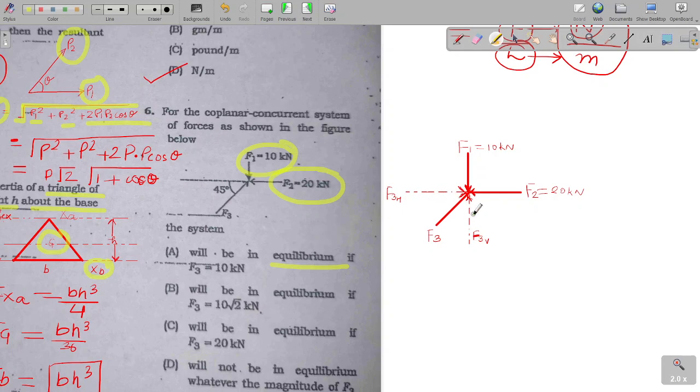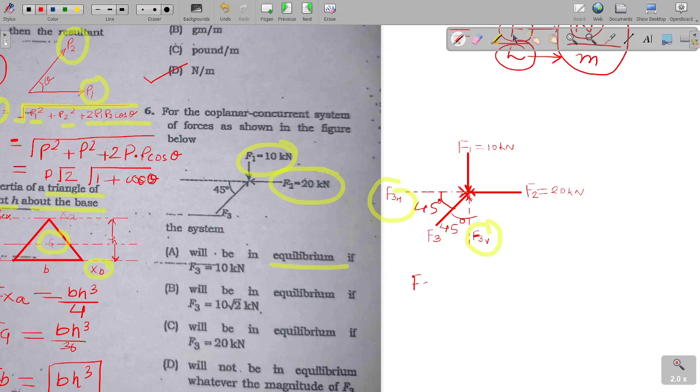So let's establish the equilibrium here. Our F3 can have two components, F3 vertical and F3 horizontal. Here the angle is 45 degrees. This angle will also be 45 degrees because the entire angle was 90 degrees.